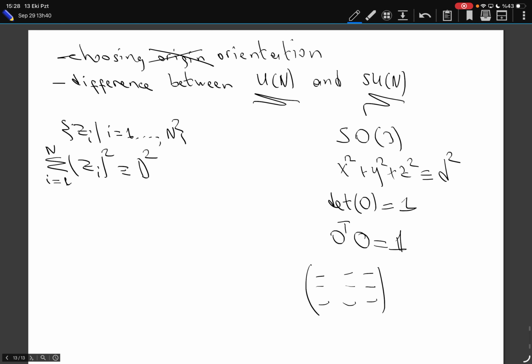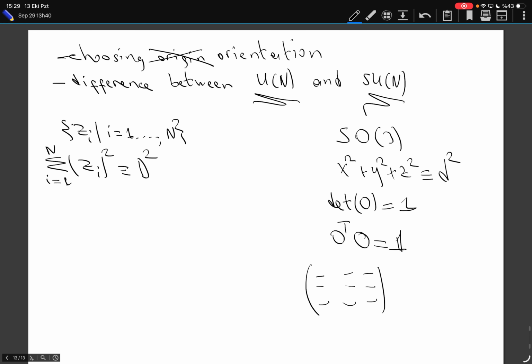Okay, logical. Plus, if you imagine rotations, you can have very small rotations and large rotations. Any rotation, you create slowly. Let's say you have this object. If I want to rotate it to this orientation, I rotate it continuously.